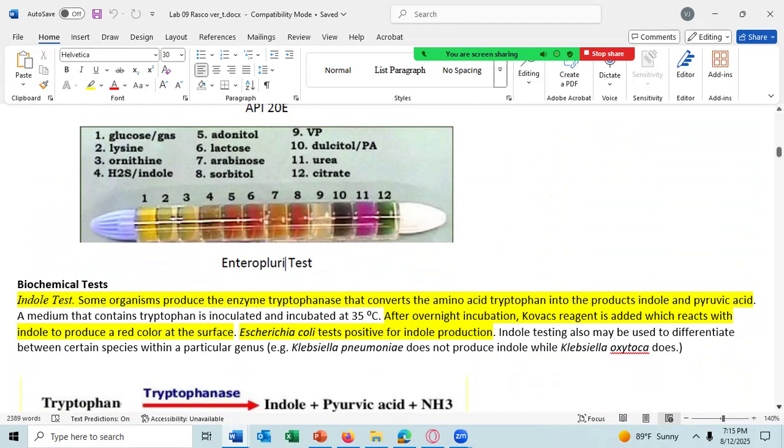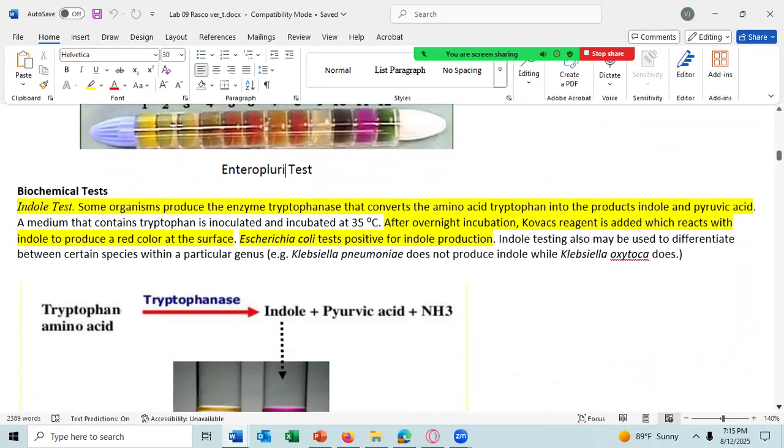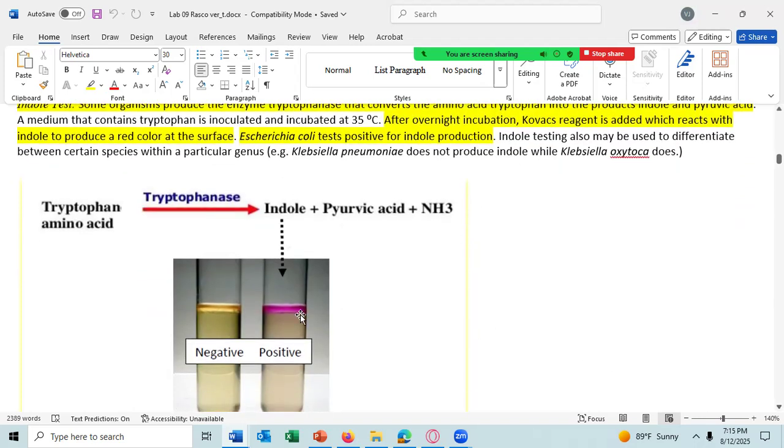Some organisms can produce the enzyme tryptophanase that converts the amino acid tryptophan into the products indole and pyruvic acid. After overnight incubation, Kovacs reagent is added to the tube. Kovacs reagent can react with indole to produce a red color at the surface. And that's not very red.